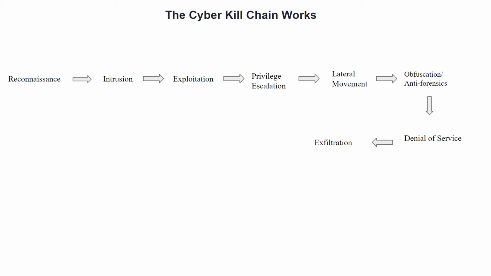You need a security code to get into the vault. That's another example. You need an eye scan or finger scan or fingerprints to get into the vaults in order to get the money out. So that's what privilege escalation is.